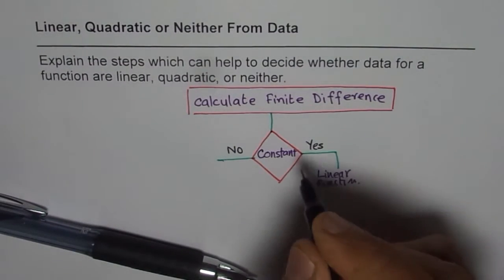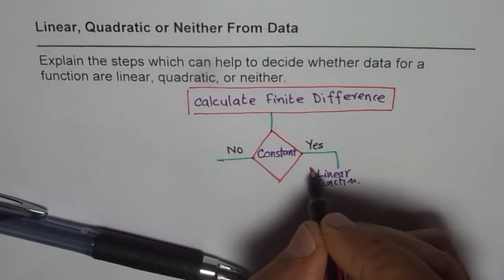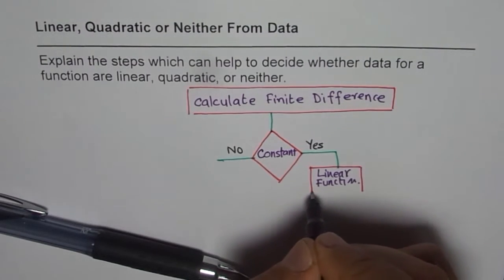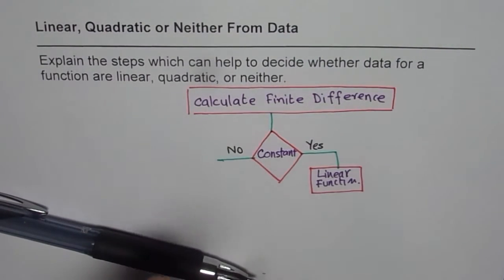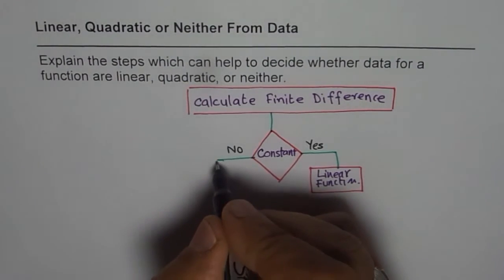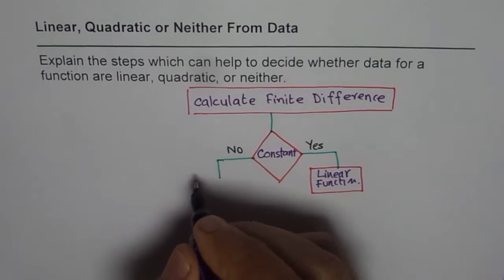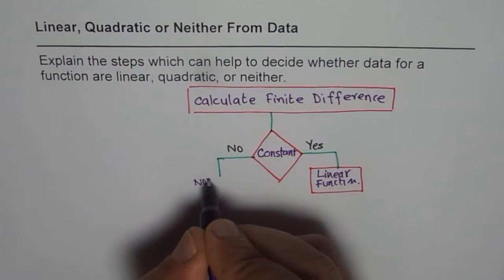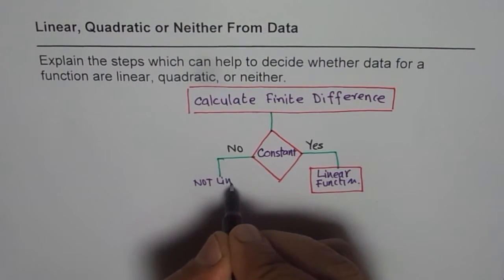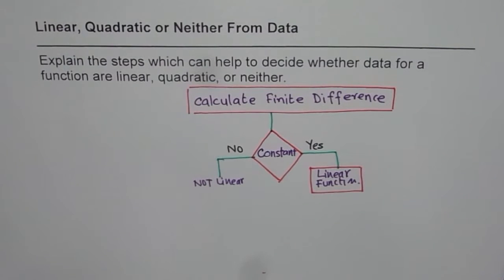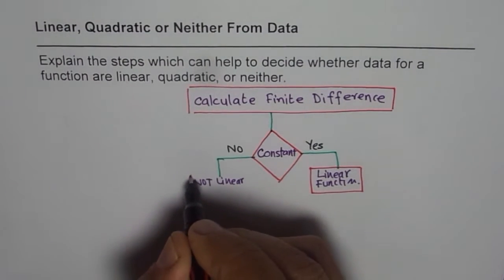Now in case it is not constant, then what do you do? One thing is very clear: if it is not constant, it is not linear. So let me write down first: it means not linear. Then we repeat the process.